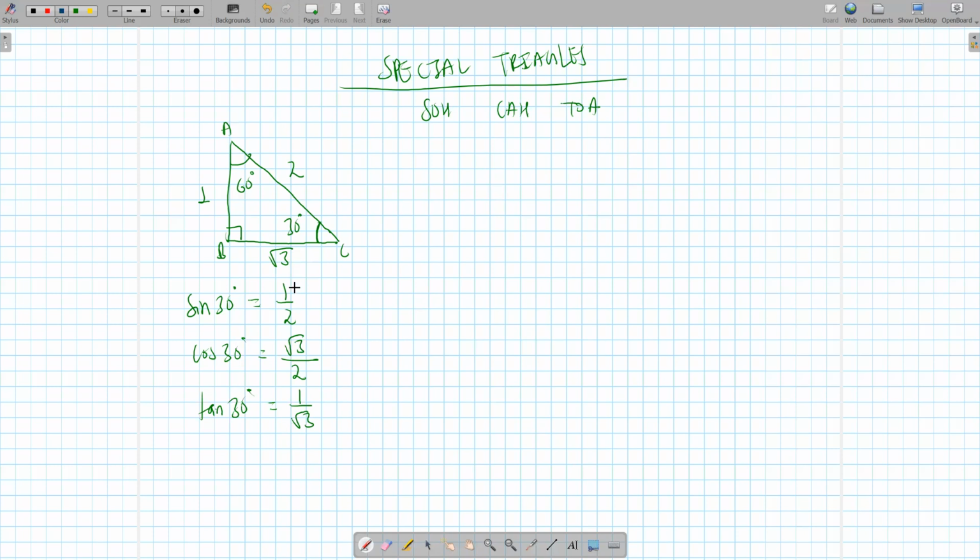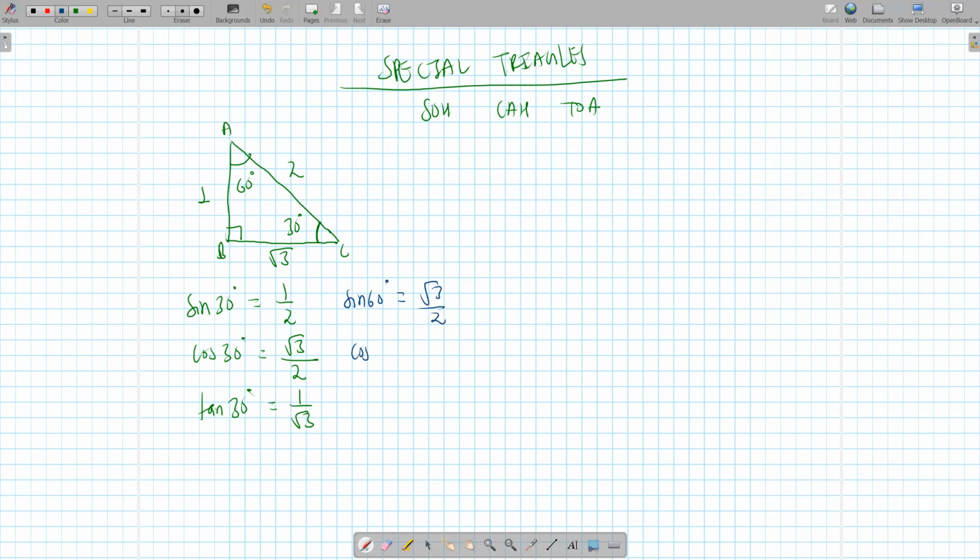Now we're going to flippity-flop. We're going to look at it from 60 degrees. What's sine of 60? Look at the triangle. Again, it's opposite over the hypotenuse, but you got to look at it from 60 degrees. The root of 3 over 2. Yes, perfect. Root 3 over 2.